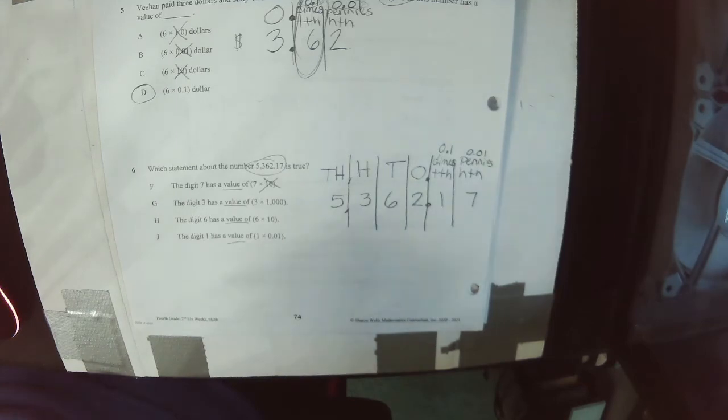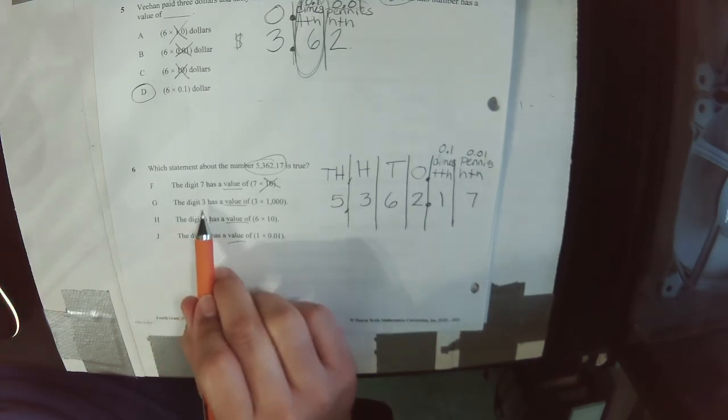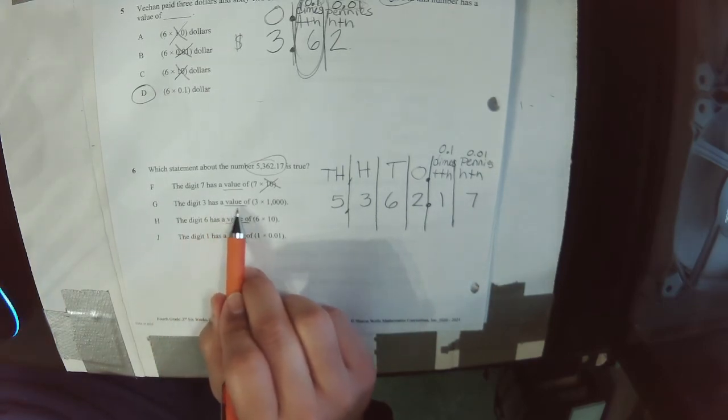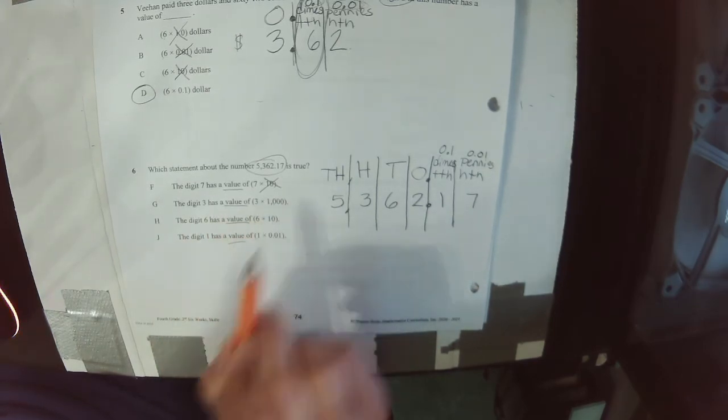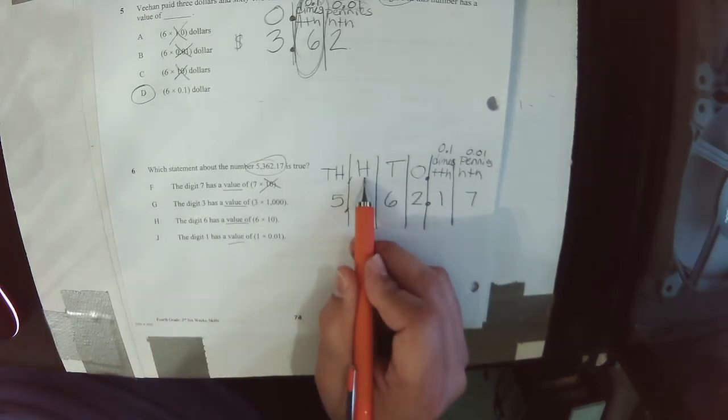We're going to just go through answer choice by answer choice. G, the digit 3 has a value of 3 times 1,000. Here's my 3, but that is not the thousands place.